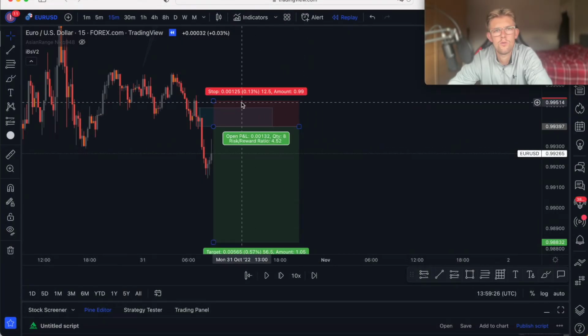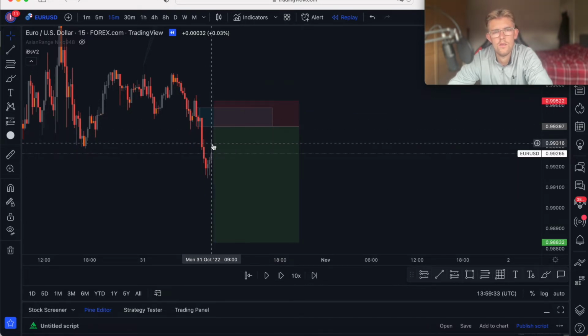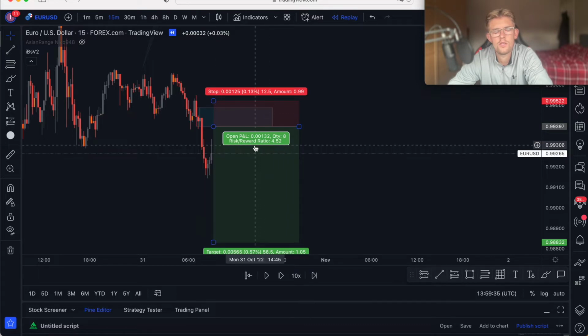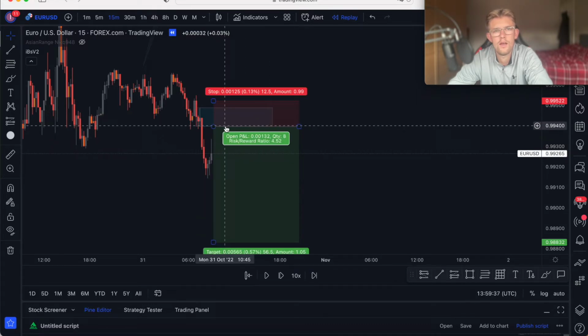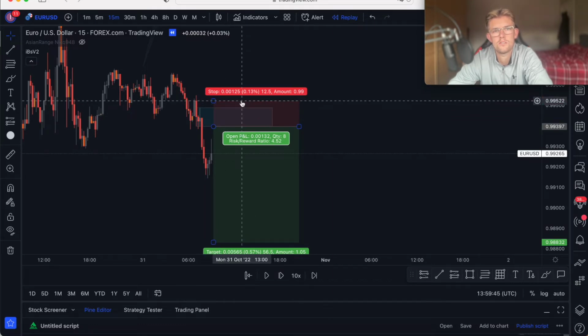So I hope this makes sense. If it doesn't, I'm going to hop over to the charts anyway and do a bit of a walkthrough of the risk to reward tool and how it works. Okay, so now you can see that I've put up a risk to reward tool in the form of a sell position, so you can either have it as a sell or a buy. The colors I've changed so it can indicate the area where if price enters here, the red zone, that's when we're in drawdown, and obviously if it hits the top and exceeds this top area, then we're taken out for a minus 1% loss.